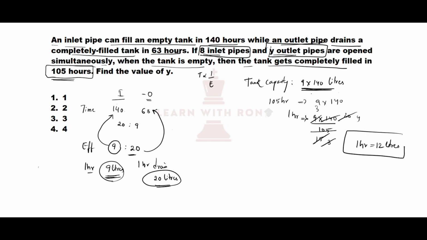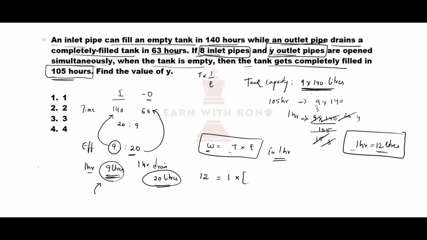Now we know that work is equal to time into efficiency. What is the total work here in 1 hour? In 1 hour, 12 liters. This is the work, time 1 hour. Efficiency: one inlet pipe can fill 9 liters.